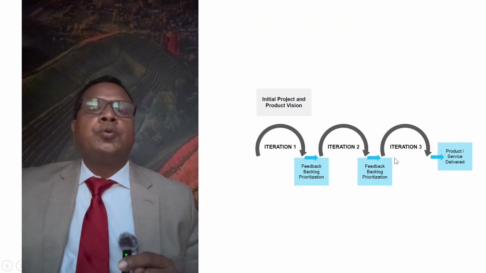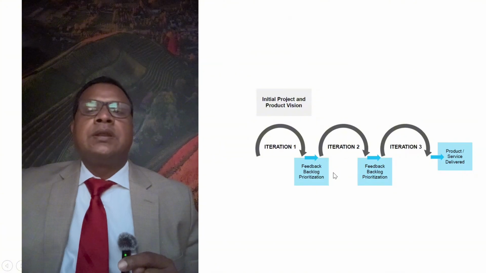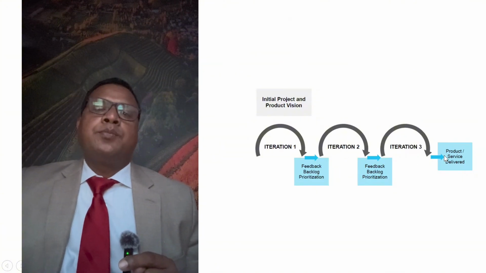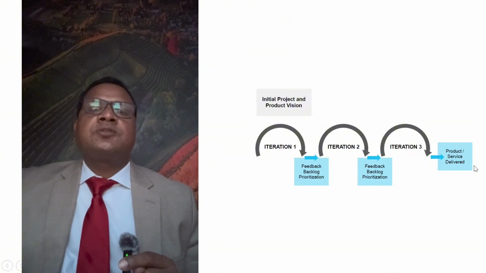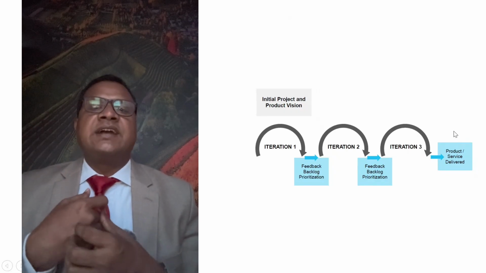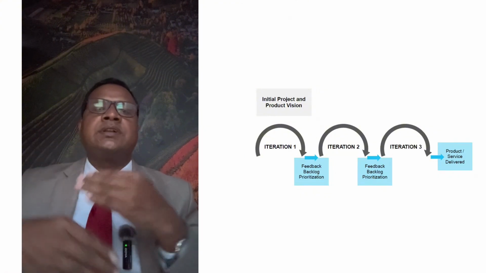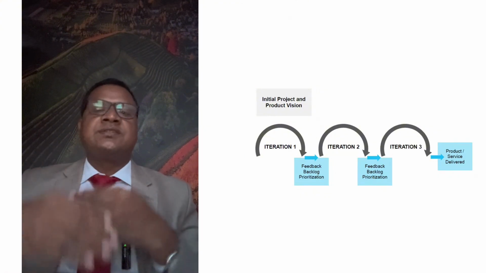We do not know the exact product at the beginning, so each time it is changing, and until the product can satisfy the customer, we will be working on it. That's why it's called change driven. It's called the agile approach. It happens in an iterative process with changes each time.